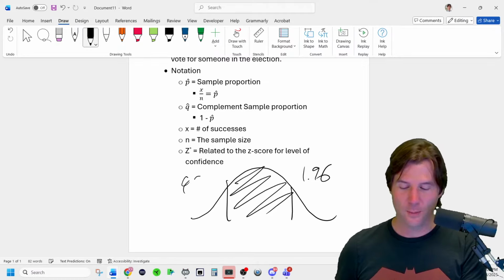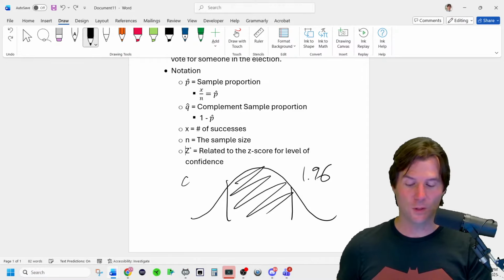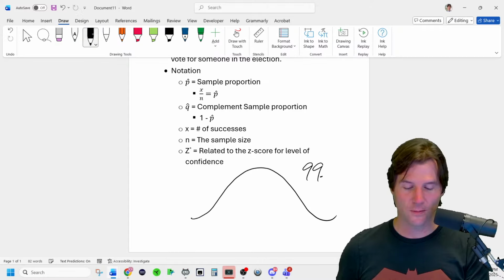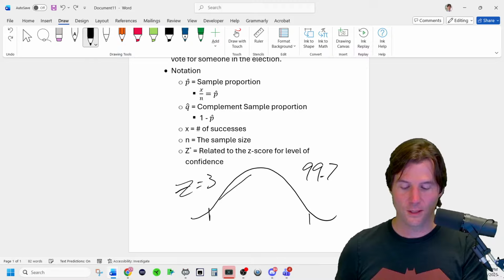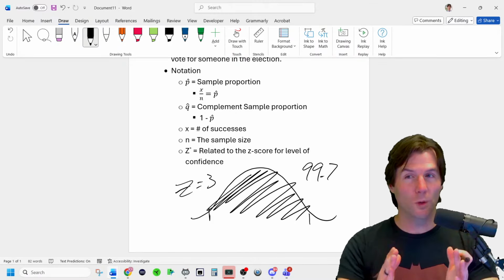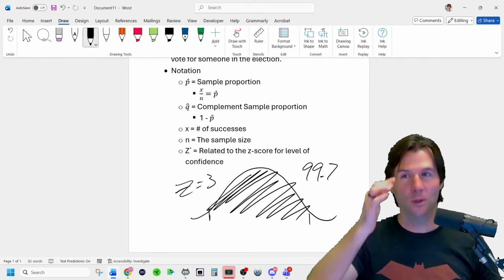And that's a 95% confidence interval because it covers the middle 95. Notice as we get more confident, the Z-score gets larger, such that a 99.7% confidence interval is very close to a Z-score of 3. So a Z-score equal to 3 would cover the middle 99.7% of the curve. So 68 is 1, 95 is basically 2, 99.7 is 3.